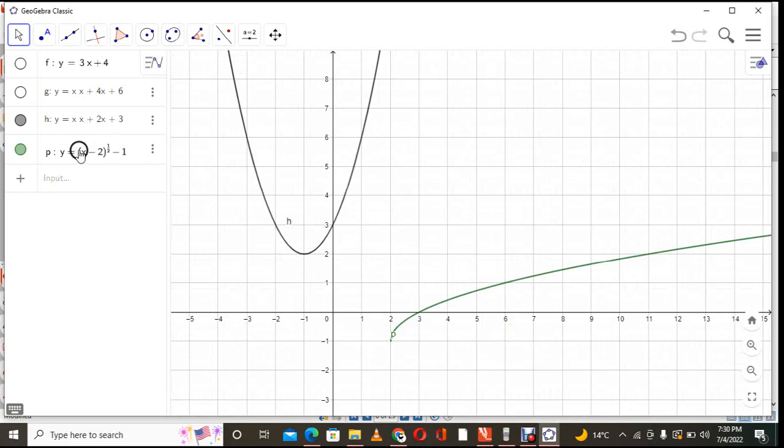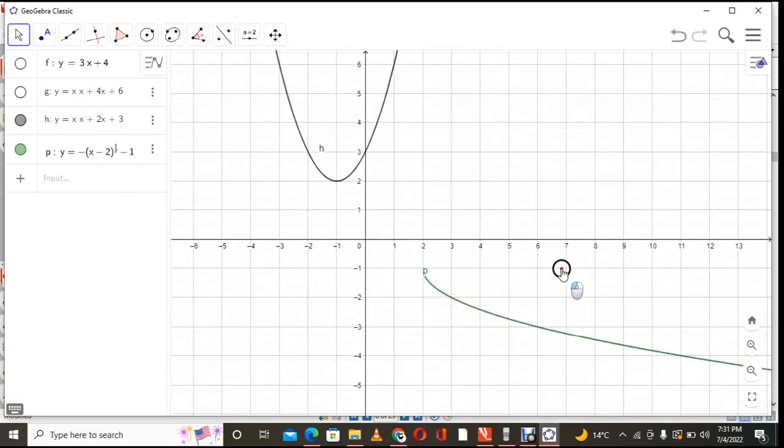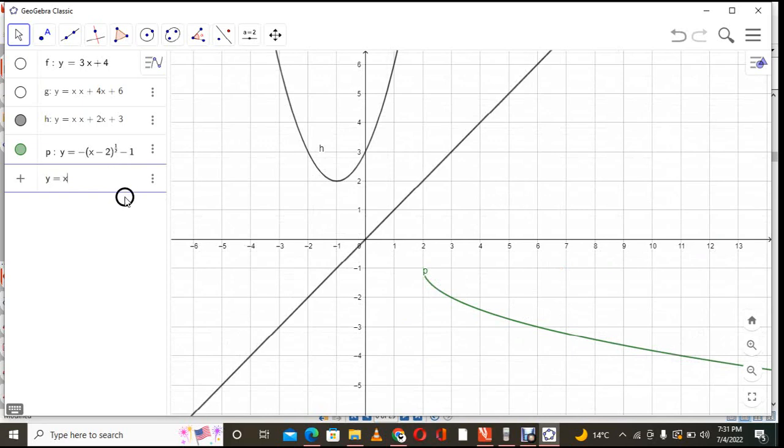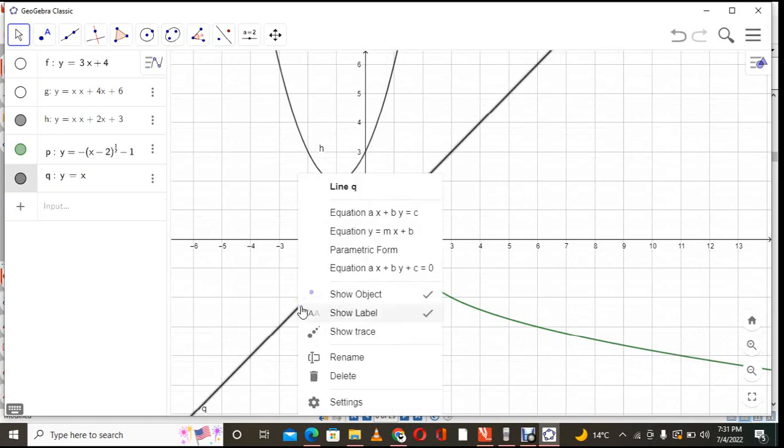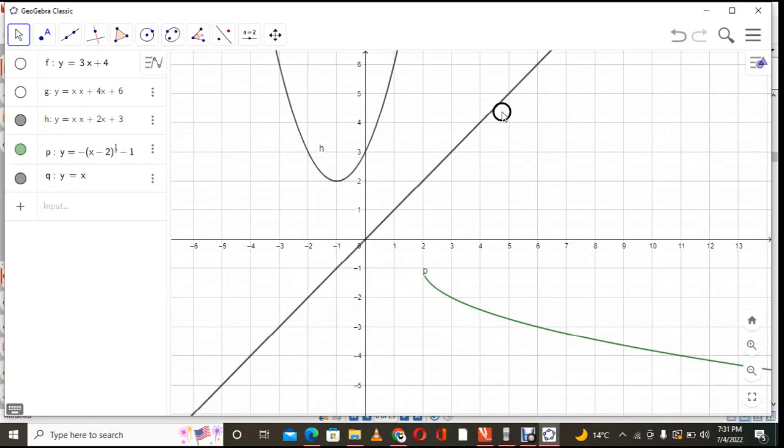And that is only going to happen if I have a negative value there. That means it goes the other way around. Only now it's going to work. Do you follow what I mean? Because if you draw the line y equals x, that line there is the identity line.